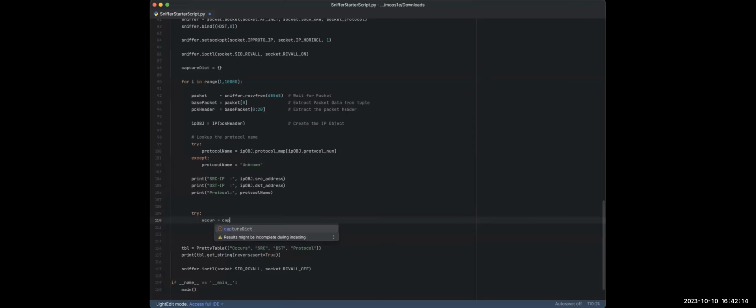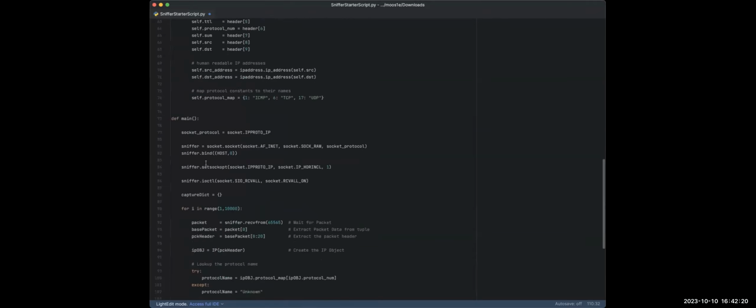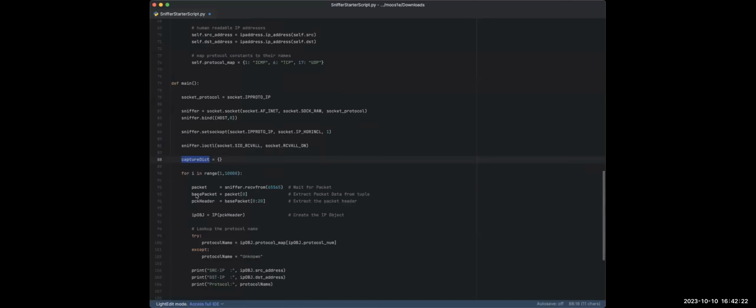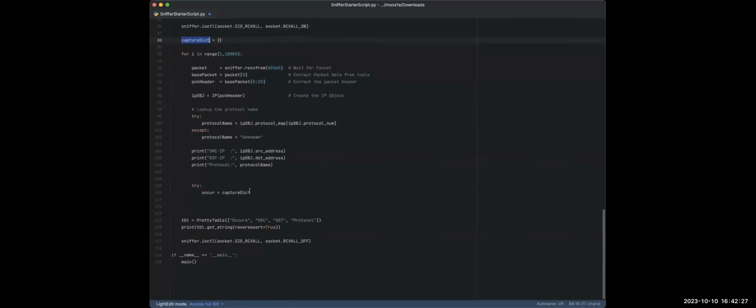And you need to take things from the captured dictionary, which is where things are getting stored. So try capture dictionary, that needs to have, you need to take from a list, the source, the destination, and the protocol.